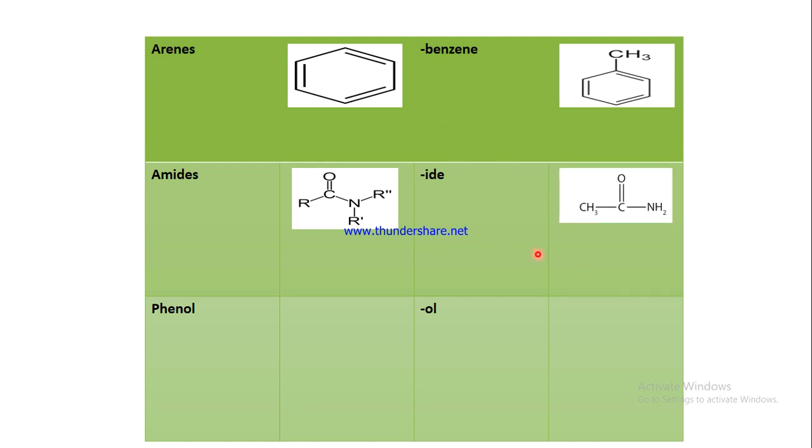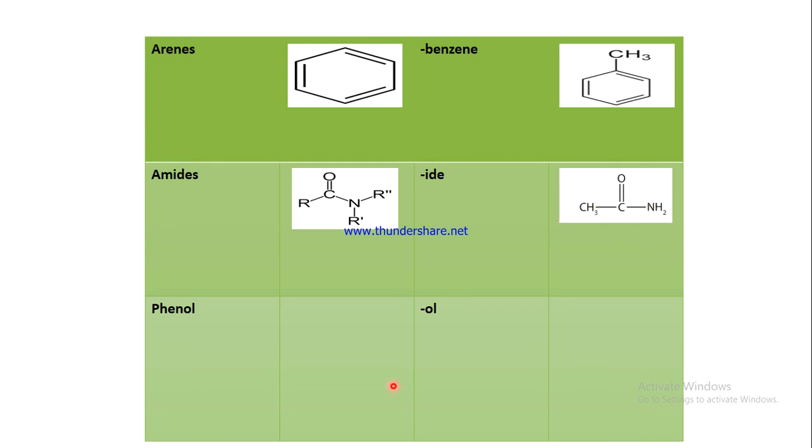It automatically becomes our amide, as you can see there. It becomes ethanamide, since we've got 2 carbon atoms, so we've got ethanamide.